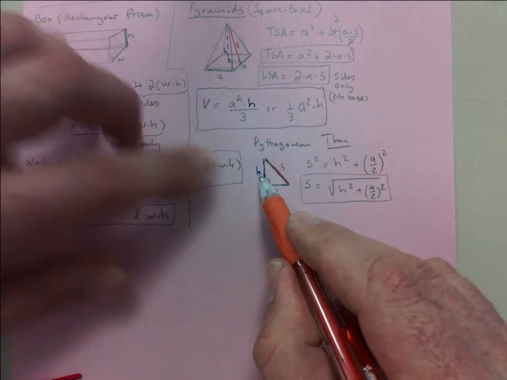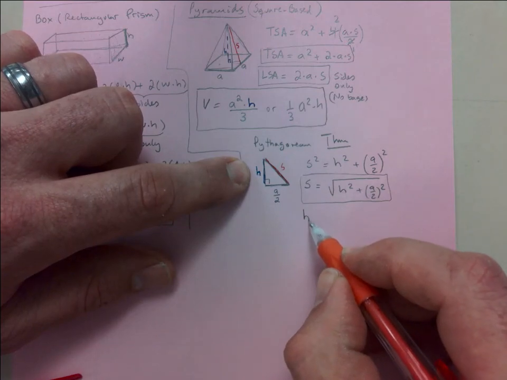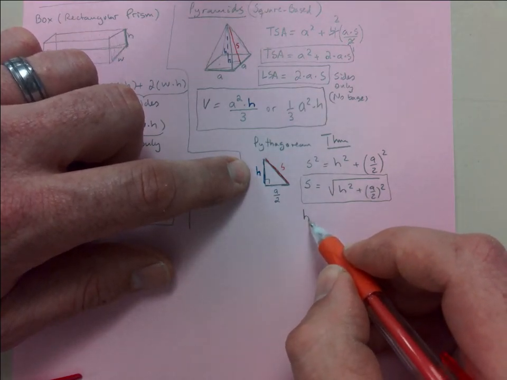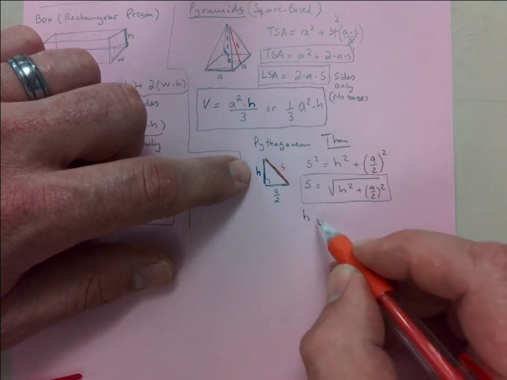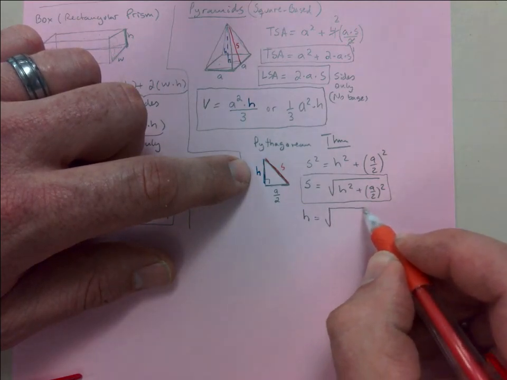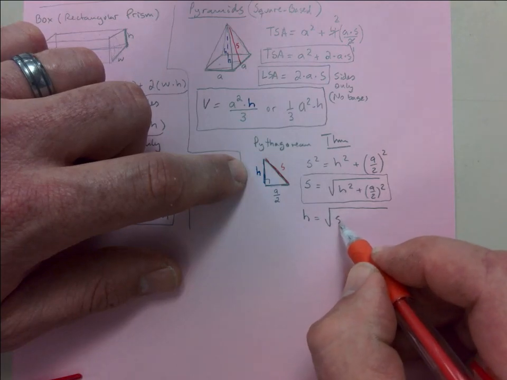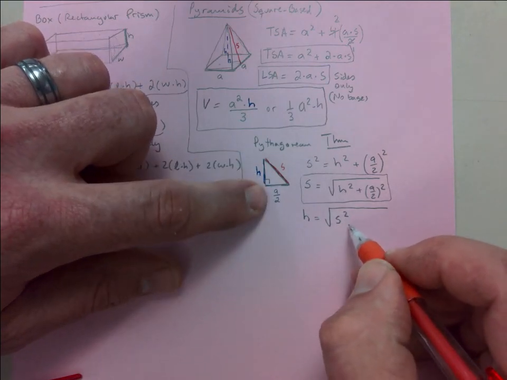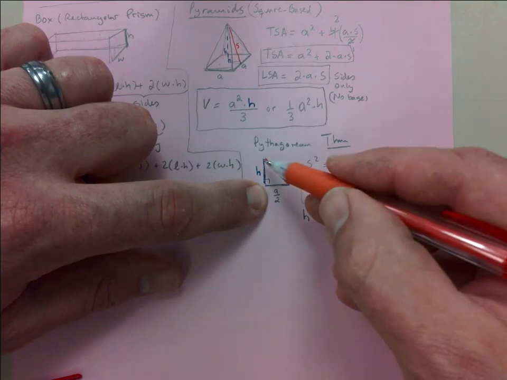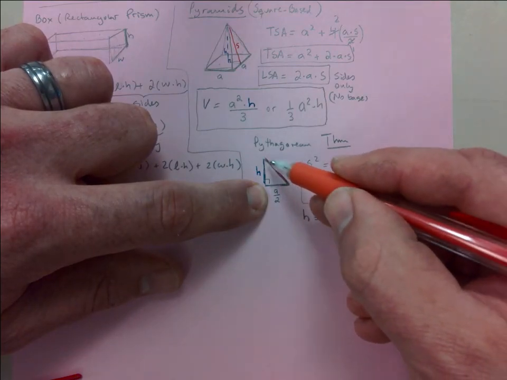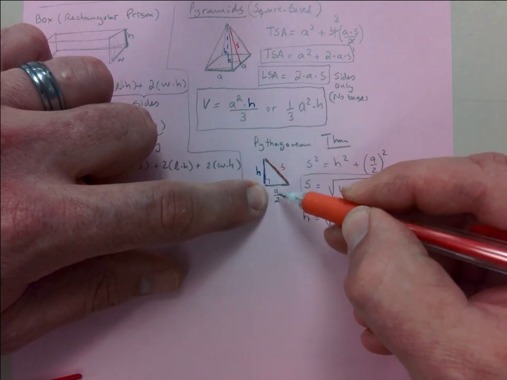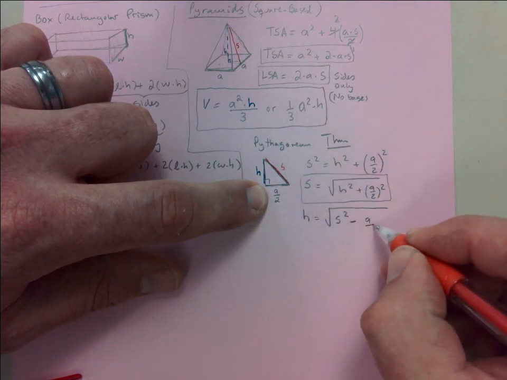If you want the height, that would imply that you know what the slant is. Then you would go slant squared minus (a divided by 2) squared, because remember, this is your hypotenuse, that's the longest side. You square that, you subtract the other leg squared from it.